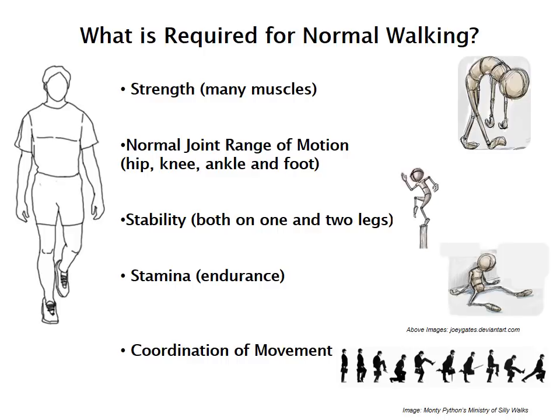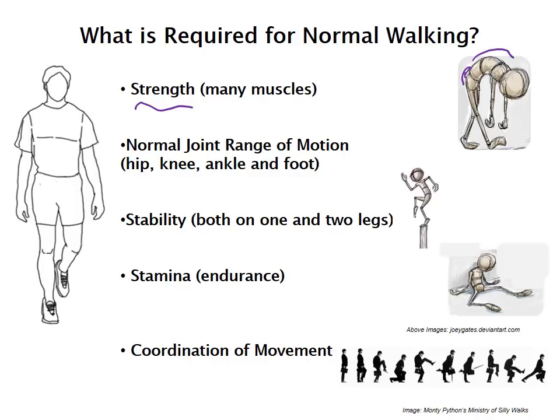So what do we need to have normal walking or normal gait? Well, obviously we need some level of strength. Believe it or not, there's not much strength needed for a normal gait. However, there is a minimal threshold of strength needed. So if we didn't have such strength, let's say in our lumbar extensors or our thoracic extensors, we might slump over.